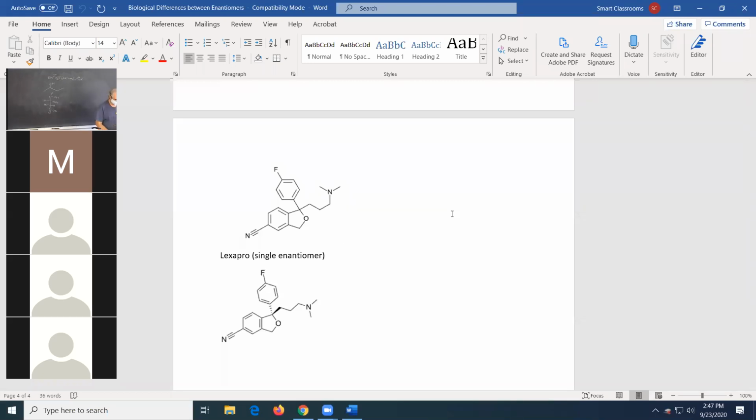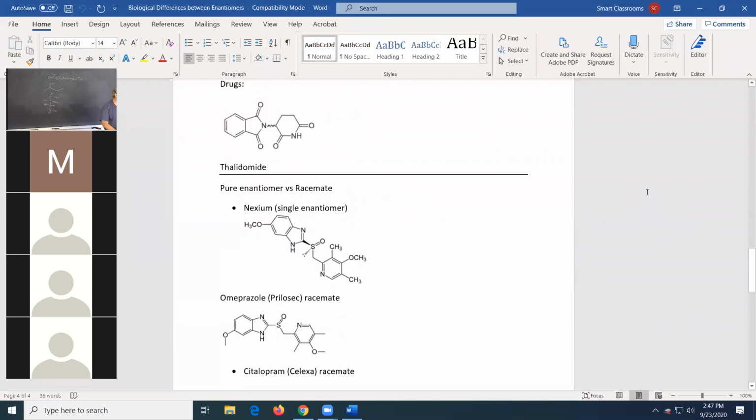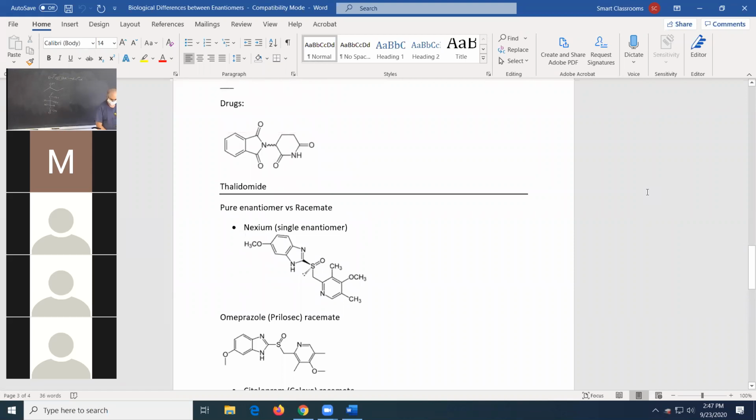Okay, and then let's see, I have a couple minutes remaining. Let me go back to thalidomide. Thalidomide has a chiral center right here, where the nitrogen meets a 6-membered ring.